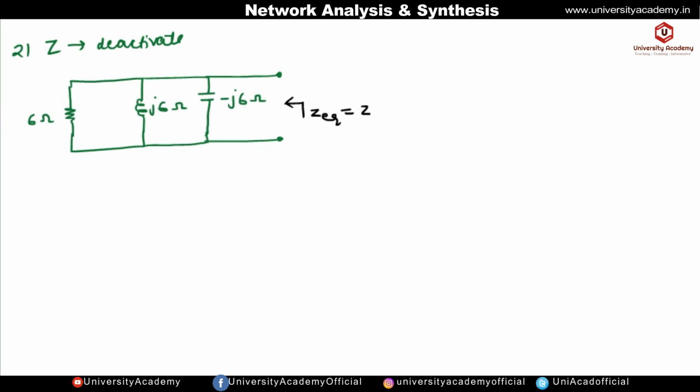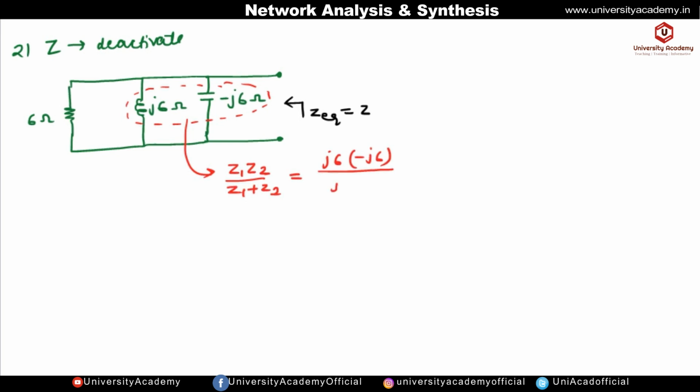So first of all, let us simplify these two. As these two are connected in parallel, it is given by Z1 Z2 by Z1 plus Z2. So Z1 value is J6 into minus of J6 divided by the sum of both the impedances, J6 minus J6.